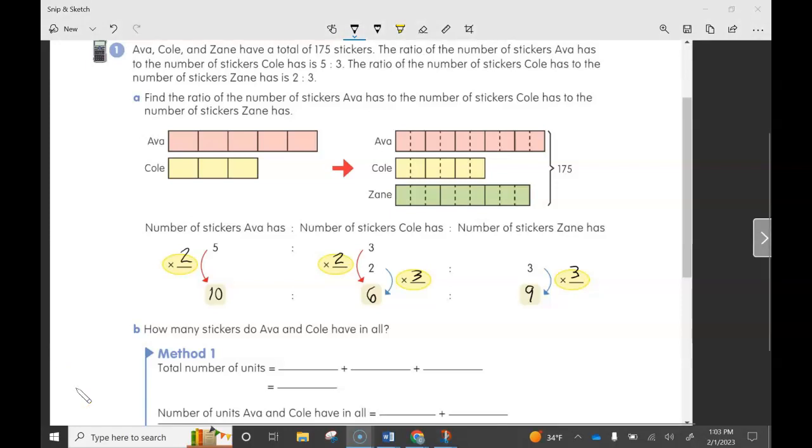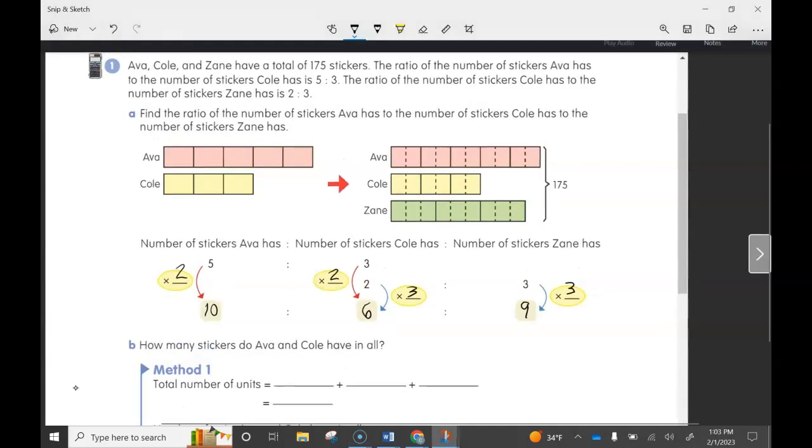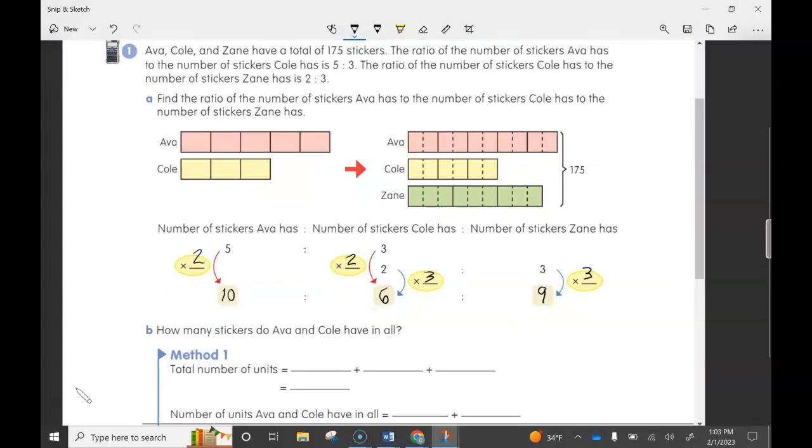So we have the total number of units, comparing everyone: 10, 6, and 9, for a total of 25 units representing the 175.